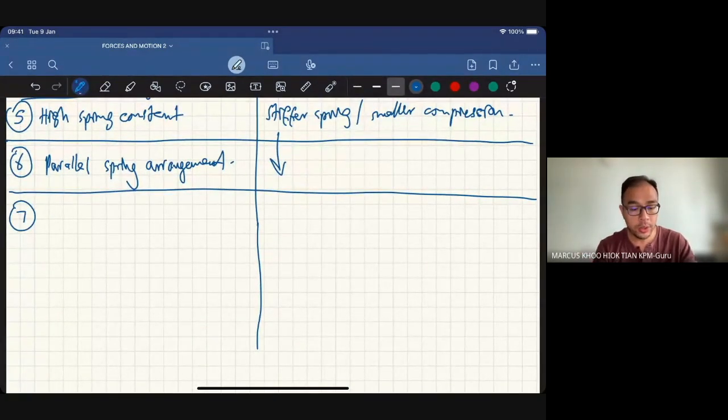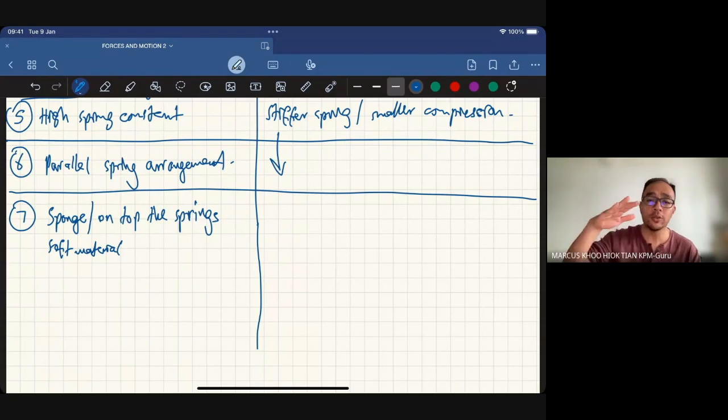So sponge. I think it's in the black book. Sponge on top of the spring, or soft material. You don't want the person to sit on the spring itself, and there has to be a layer.